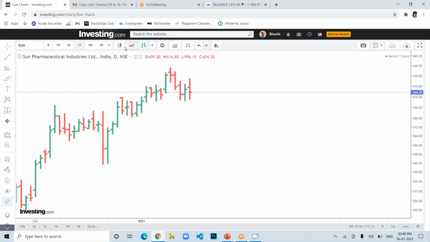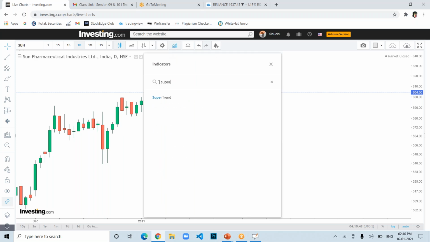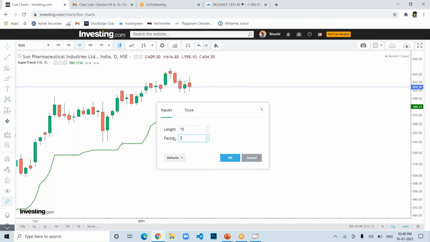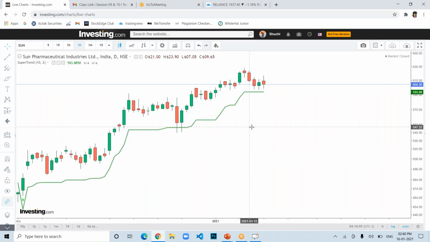So the first thing I do is plot the super trend. I plot the super trend and I change the setting to 10 factor 2, so it becomes closer to the price. This is the first indicator.